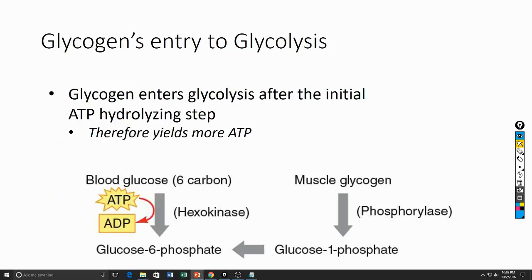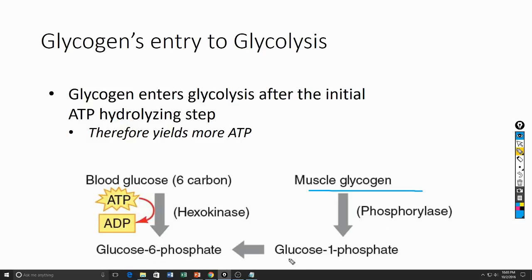So, glycogen entry into glycolysis. As I showed you before, we actually end up saving one glucose, so we get a little more bang for our buck, so to speak, if we go from muscle glycogen.